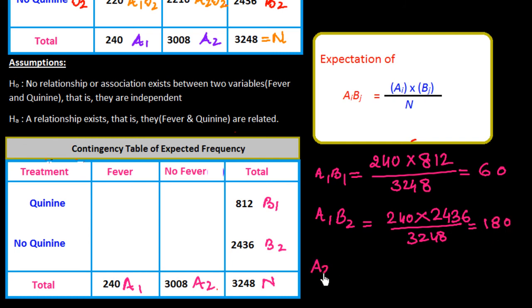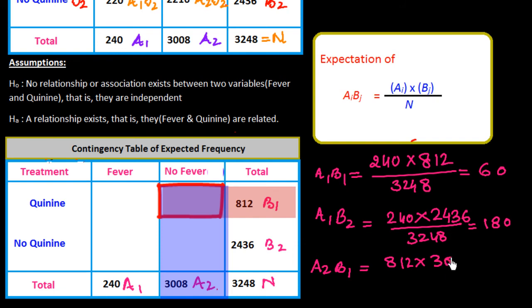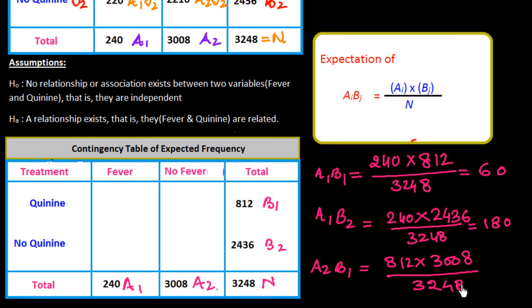Now A2 B1 would be 812 into 3008 divided by 3248. So we get here 752.